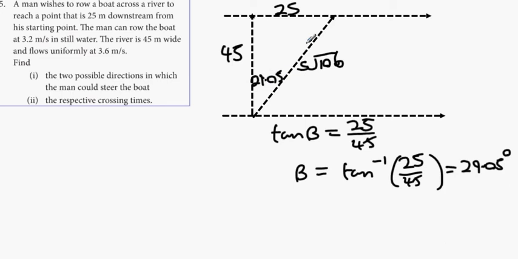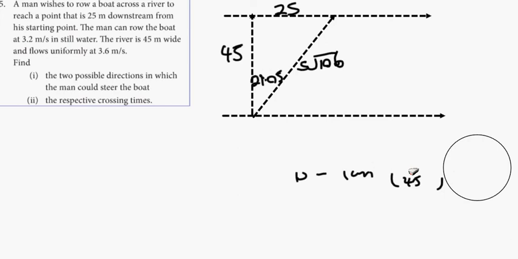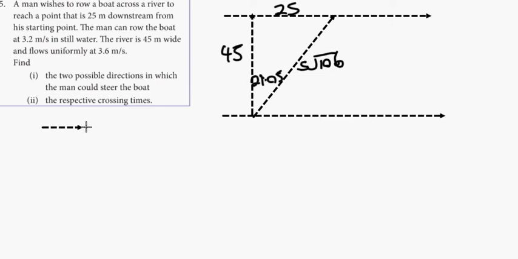Now what we have next is we're looking at how he actually goes about getting across the stream. We know that the velocity of the water goes in this direction here. The actual velocity of the man has to go in this direction, because you travel up this direction from your start point to your end point.